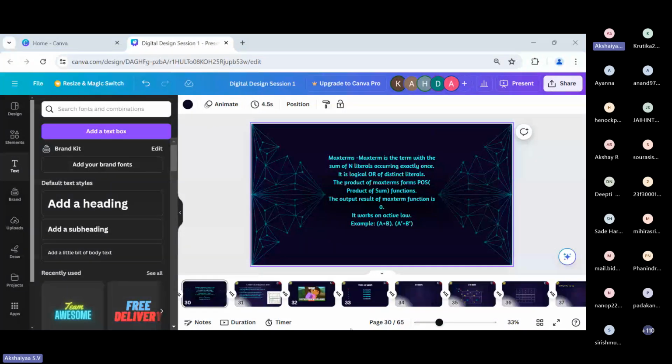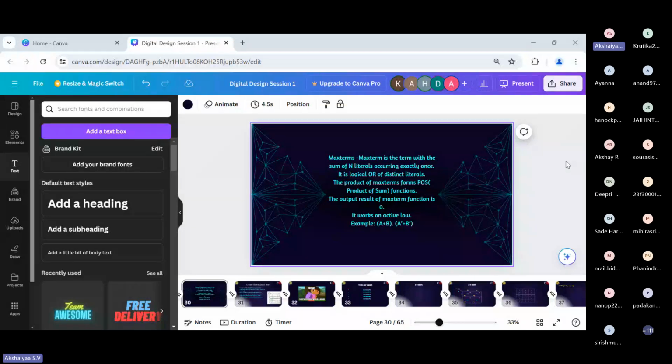On max terms, or is it something else? Can you confirm? Hello? Deepti, what is the last slide you can see? Max terms. Oh, correct, max terms. Okay. Yeah, sorry.